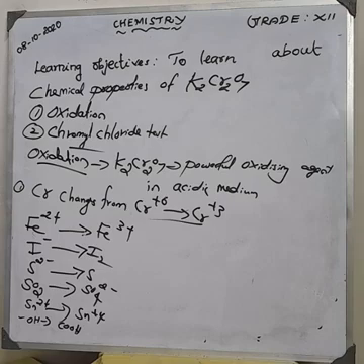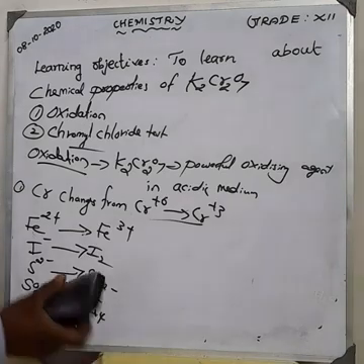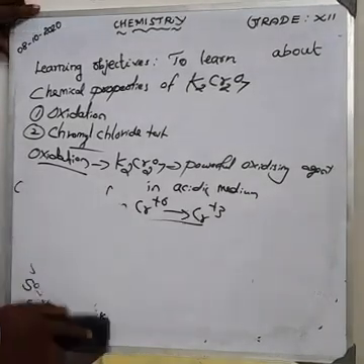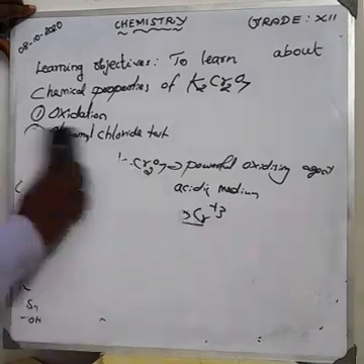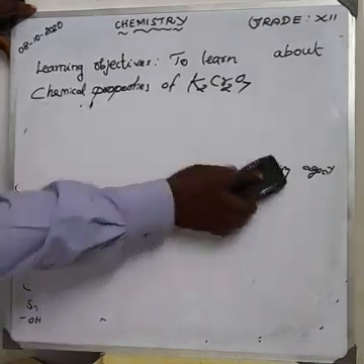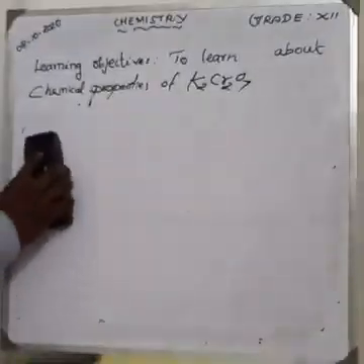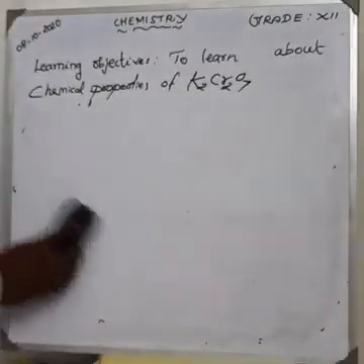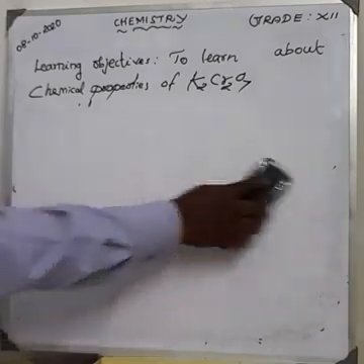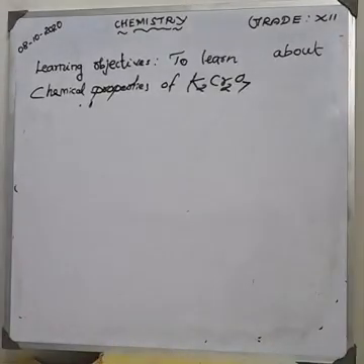Let us write one equation for each topic. The first reaction is potassium dichromate.